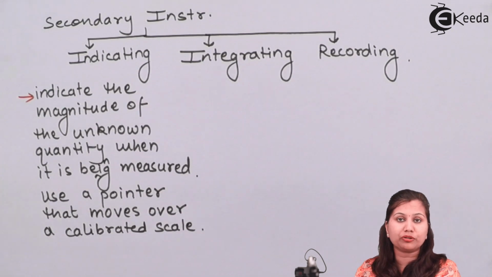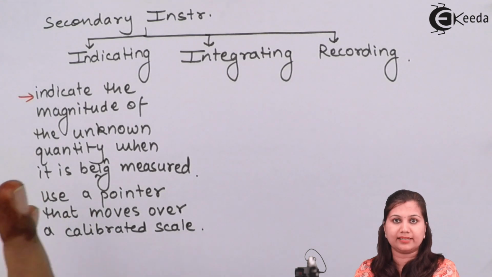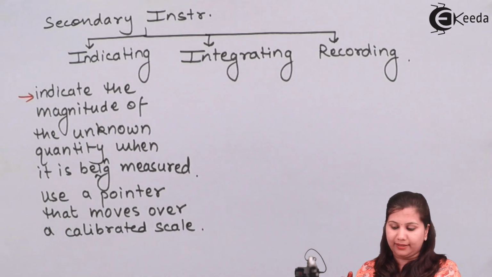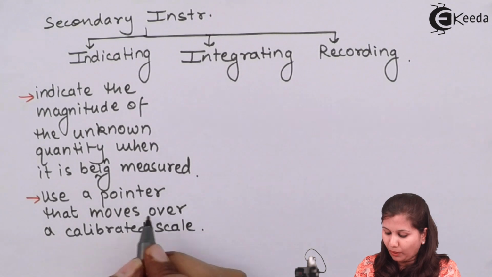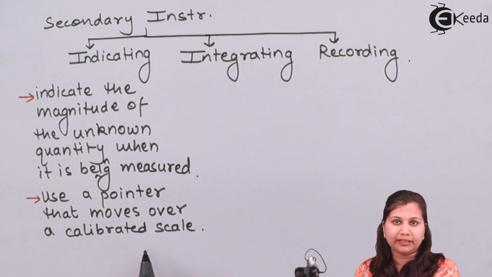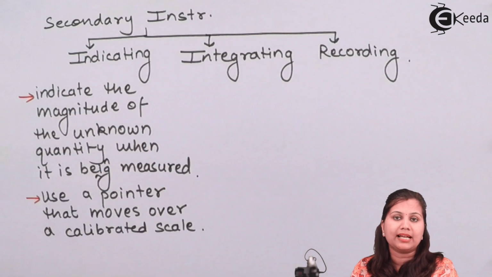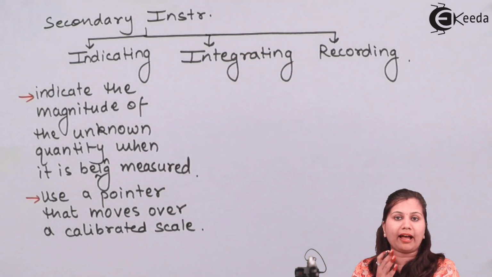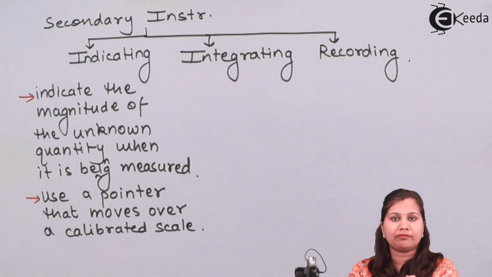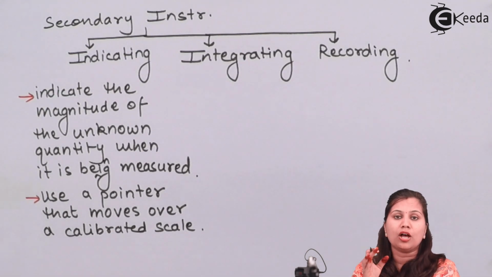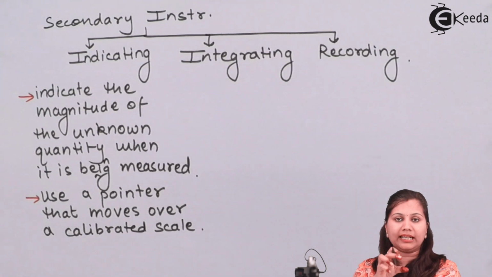At the time of measurement, the value is directly indicated on the scale, and here it uses a pointer that moves over a calibrated scale. These types of instruments are called indicating instruments, like the ammeter, voltmeter, ohmmeter, and wattmeter. All these instruments have a pointer, and this pointer is deflected over the scale. On the scale we have divisions, so we can directly read the value from the scale.